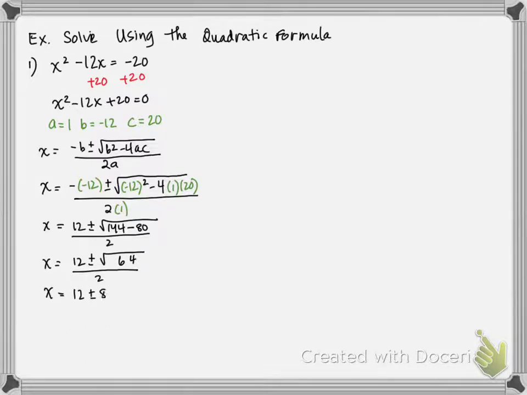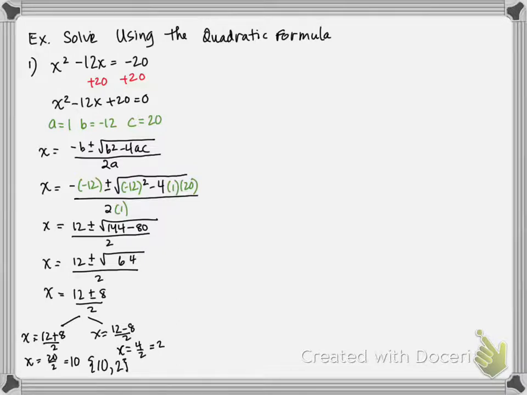The square root of 64 is 8, all over 2. Now I have two possibilities. x can equal 12 plus 8 over 2, or x can equal 12 minus 8 over 2. So we solve both of those, and we get x equals 20 over 2, which equals 10, and x equals 4 over 2, which equals 2. So my solution set contains 10 and 2.